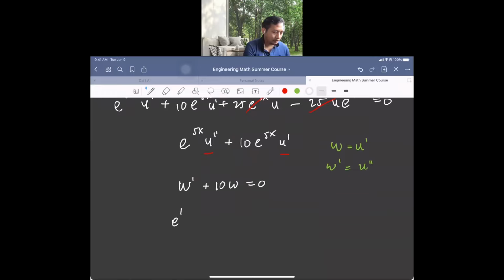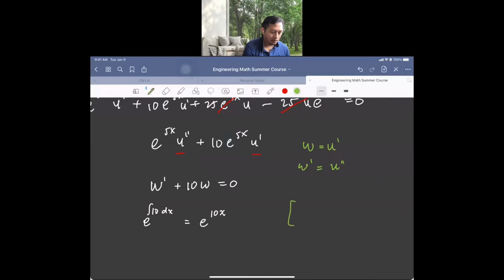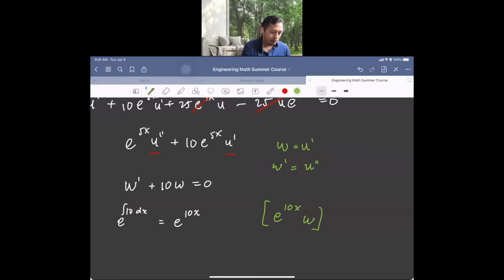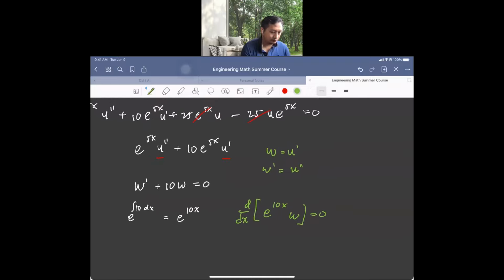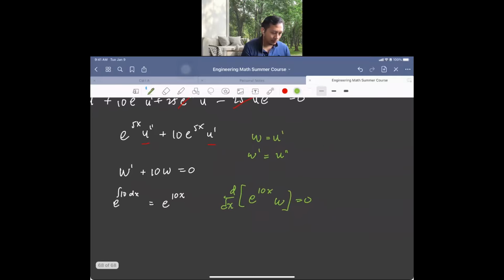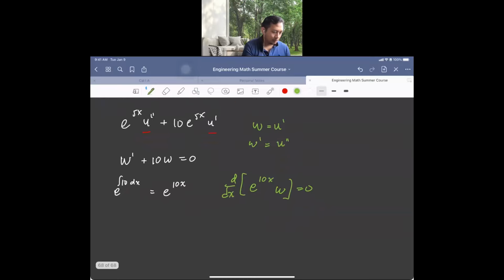So we can see that we may have this integrating factor. When we take this as e^(10x) w, this can be done from here.